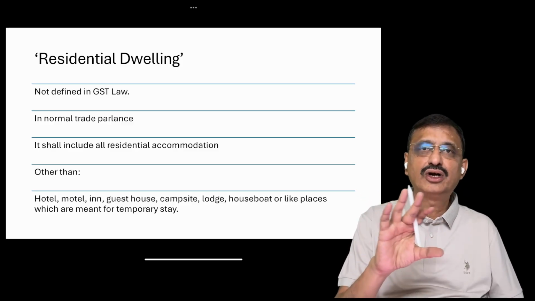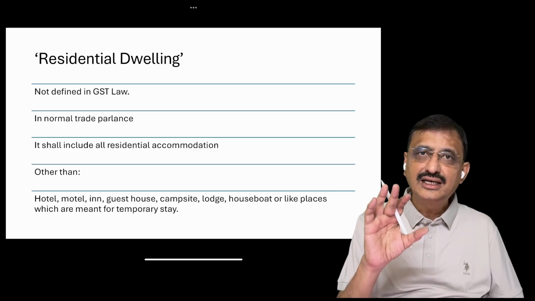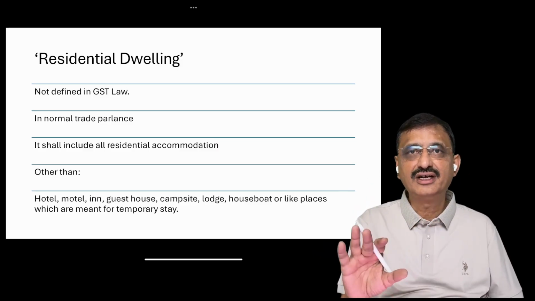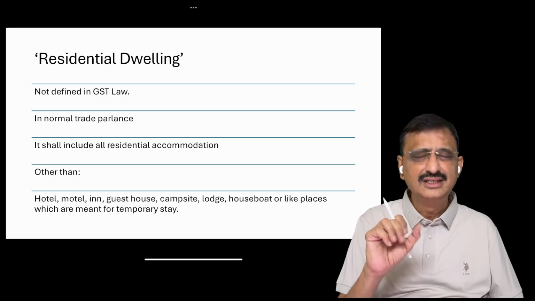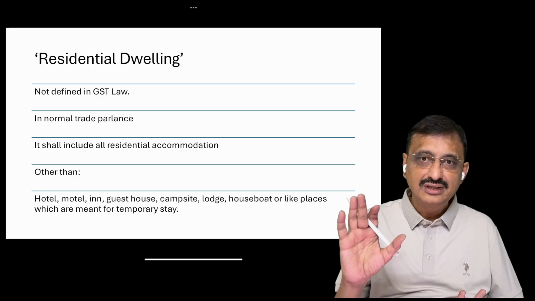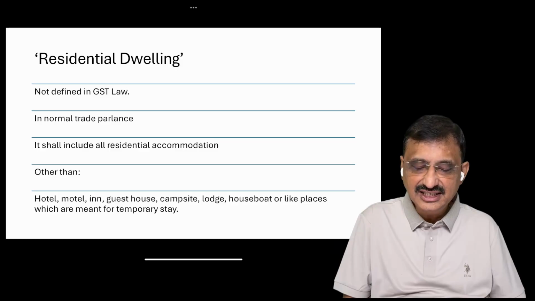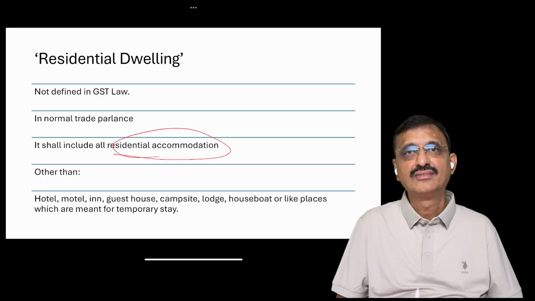Now let's understand what we mean by residential dwelling. The term residential dwelling is not defined in the GST law. Generally, in common parlance, a residential dwelling includes all residential accommodation.